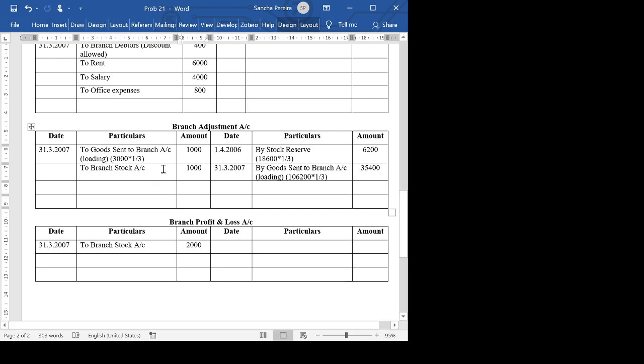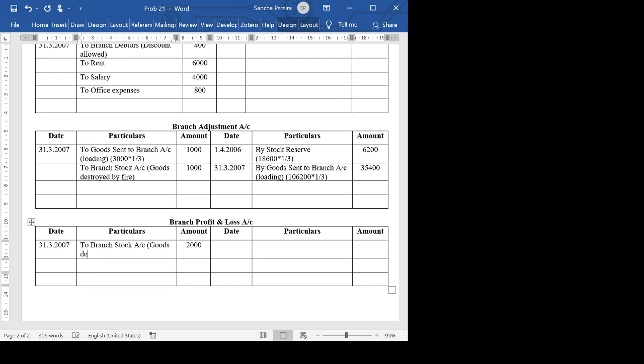Okay, both these are goods destroyed by fire. Here also, just to identify goods destroyed by fire.